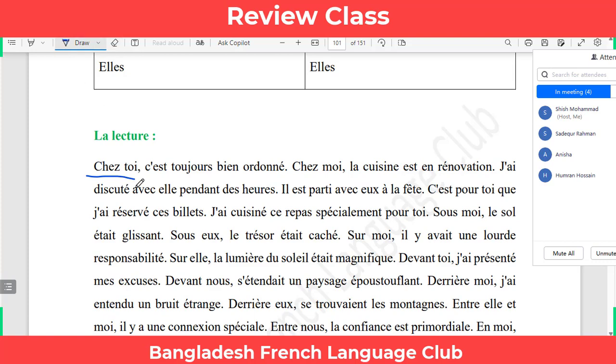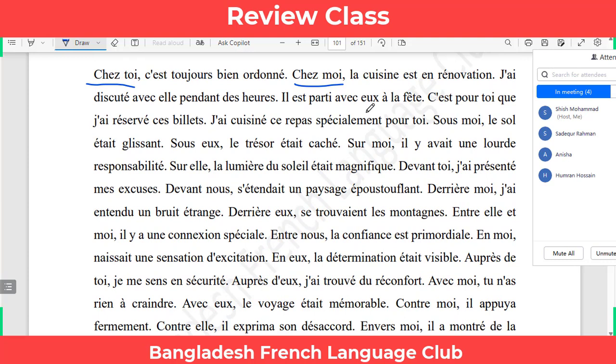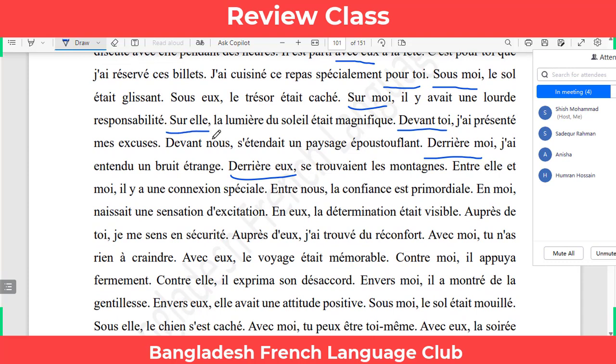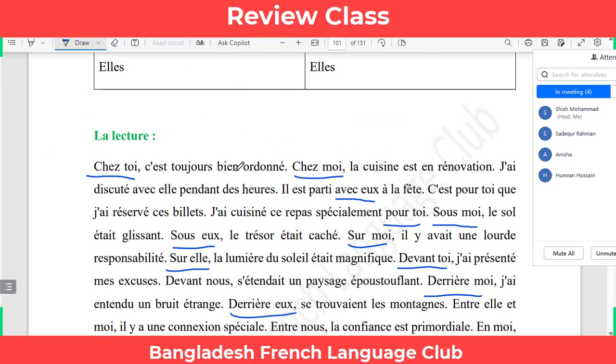So chez toi, chez moi, avec eux, pour toi, sous moi, sur moi, devant toi, derrière moi, derrière eux, sur elle, sous eux, en nous.